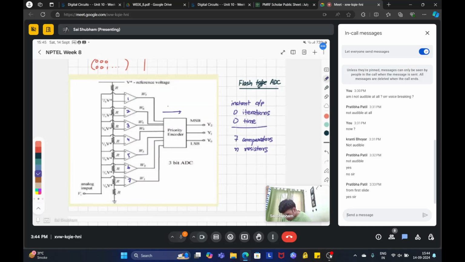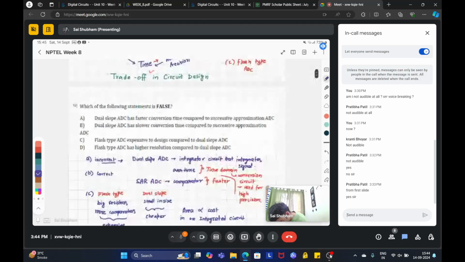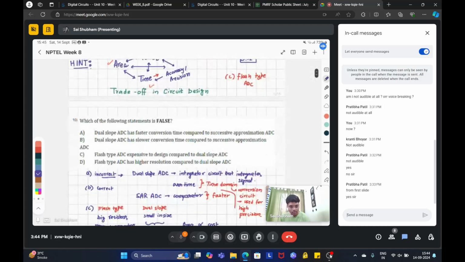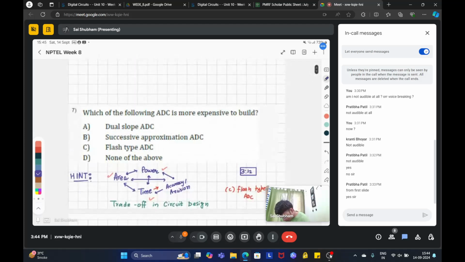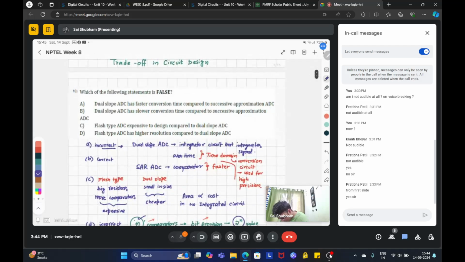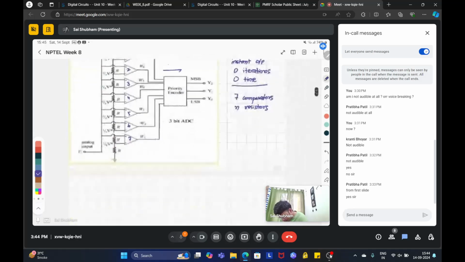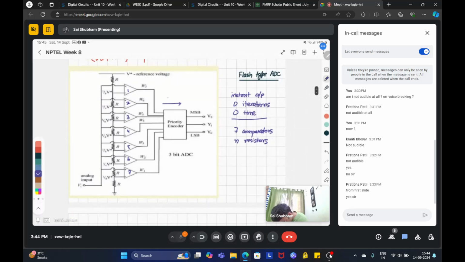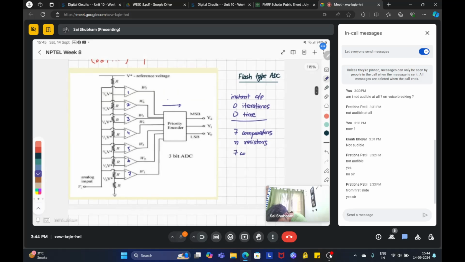Fine. So I think it explains all the 3 questions that I asked previously. Why it is expensive, and about resolution as well. For resolution, you can see how many comparators there are. There are 7 comparators, and this is a 3-bit ADC.